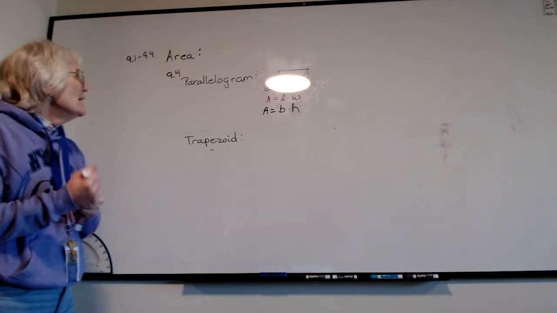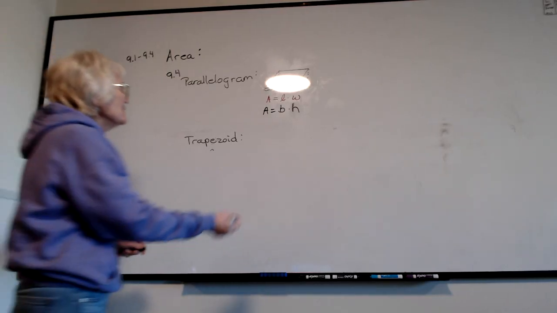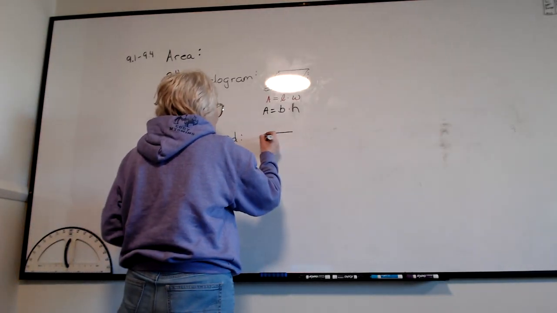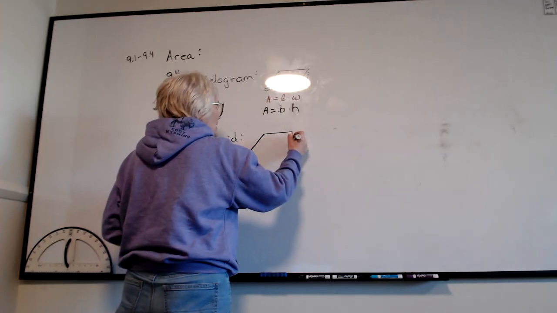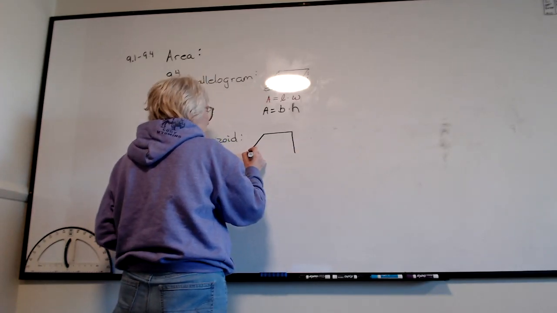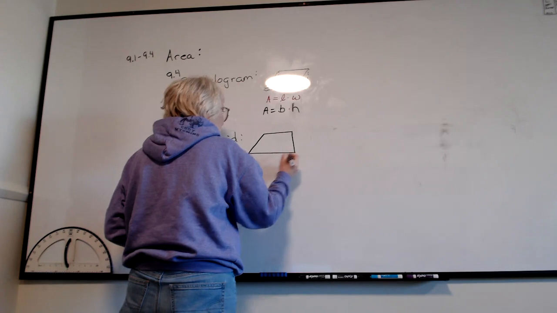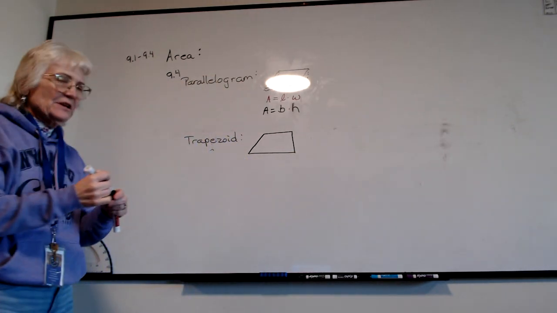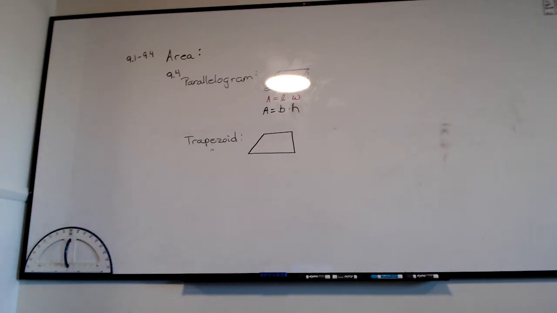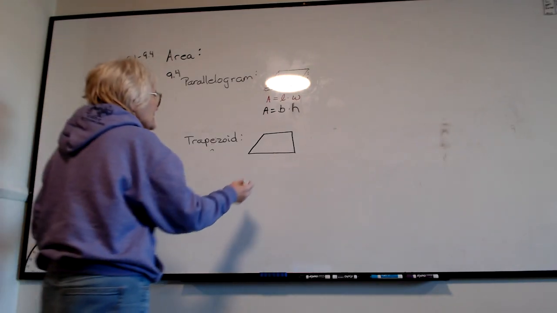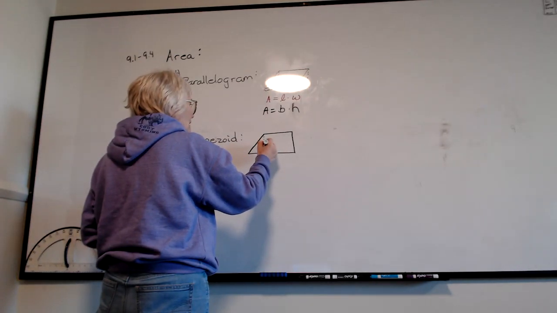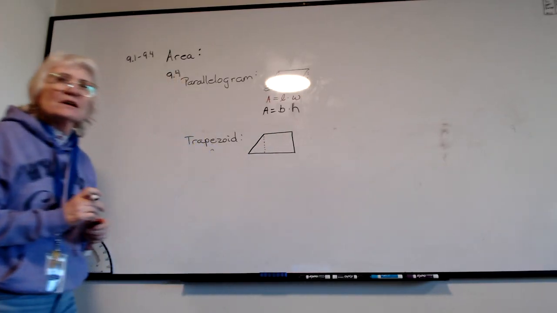Now, a trapezoid looks different. I'm going to give you this one for right now. This trapezoid is actually pretty easy to do because if you look at it, you've got a triangle and a rectangle, correct?